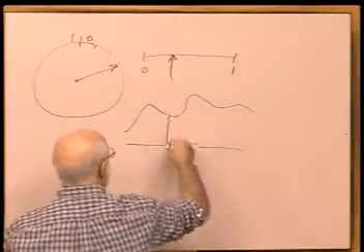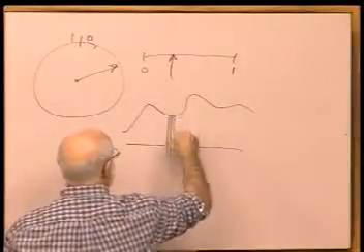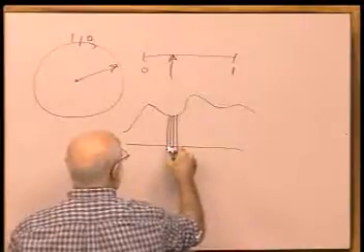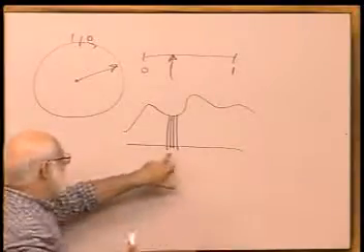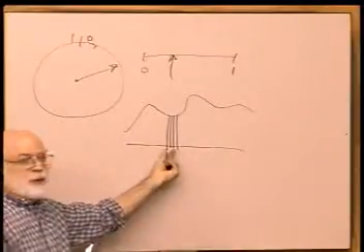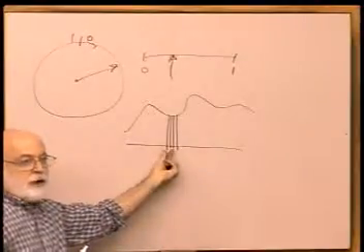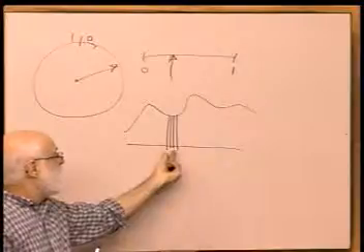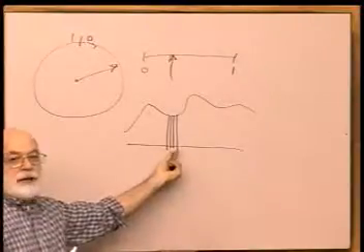Well, I divide up the area into little strips, and I calculate the probability associated with each strip, and then I take the limit as the number of strips goes to infinity, the width of the strips goes to 0. So what I'm adding up is an infinite number of infinitesimal areas.